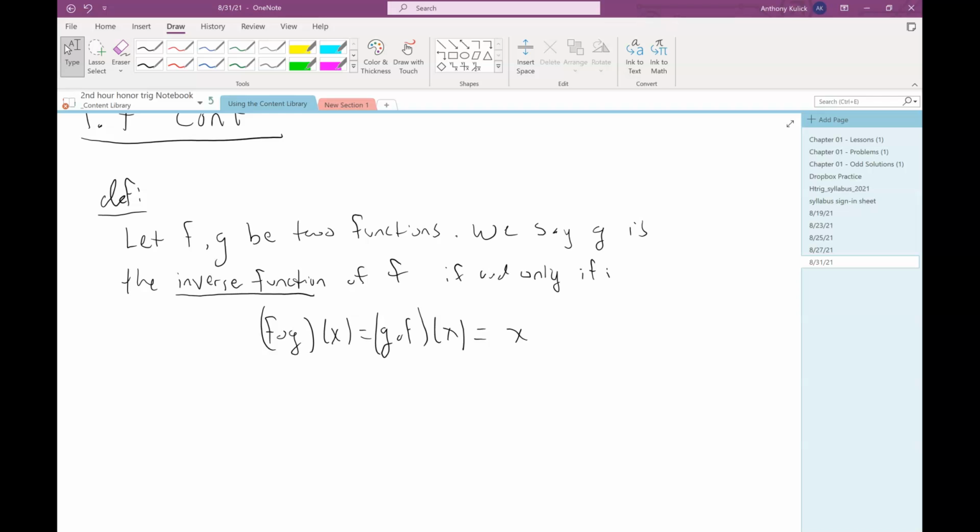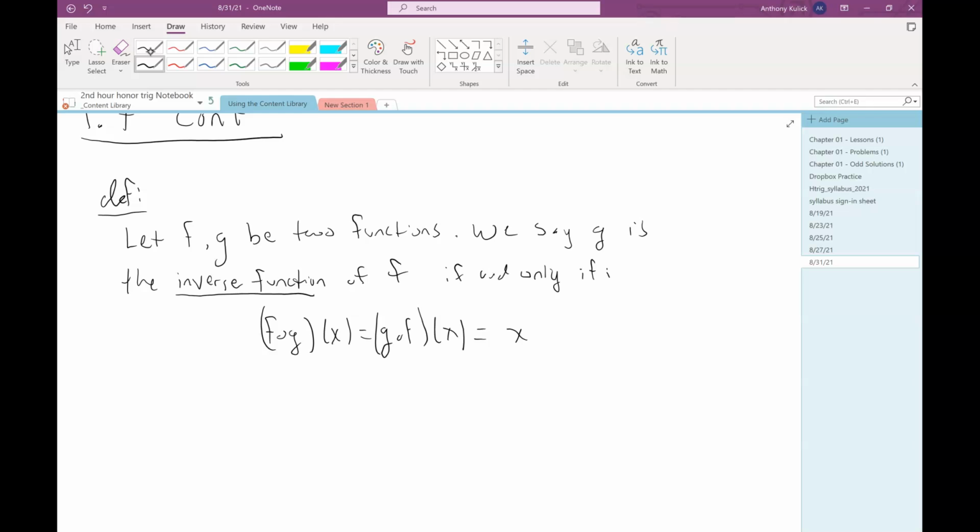Is everybody okay with that? So basically what it means is that g needs to undo whatever f did to give you back your original input, and then vice versa. f would need to undo everything that g does to give you the original input again.